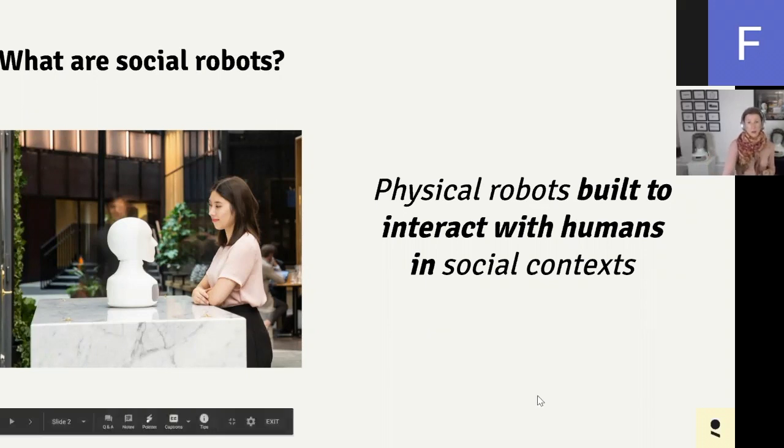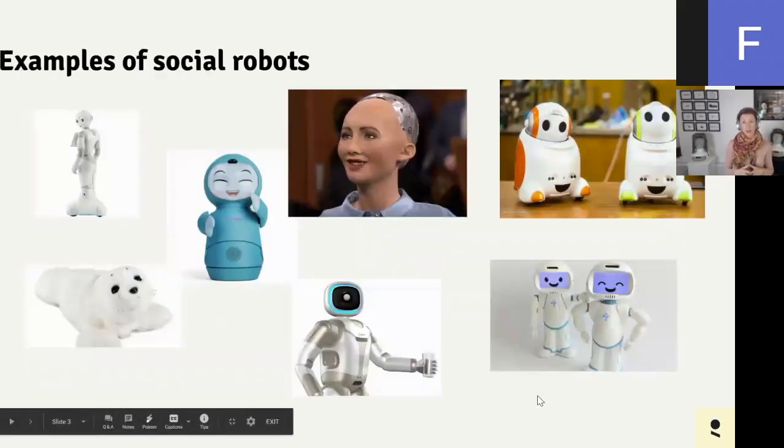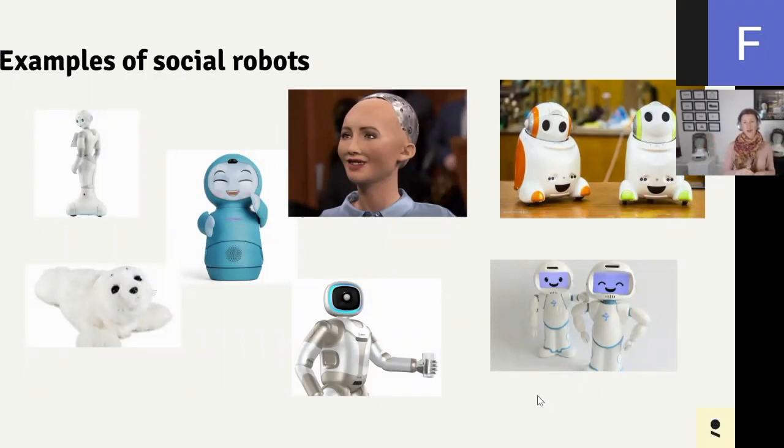These robots come in many different shapes and forms. I have added a few of them here on the slide, and as you can see, they range from looking like furry animals to very human-like robots. But what all of these have in common is that they are designed and developed to be used in social contexts. So that's good to have with us.